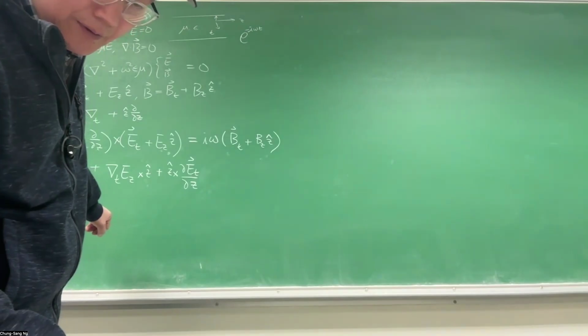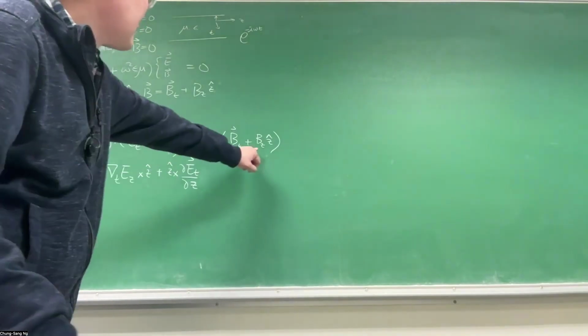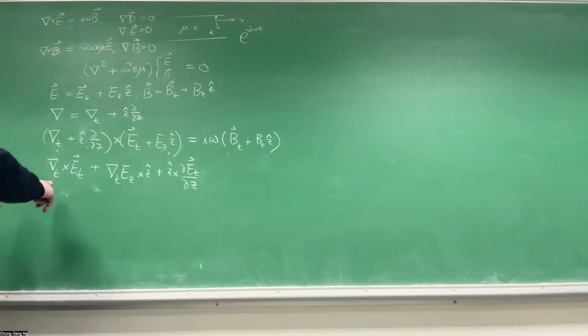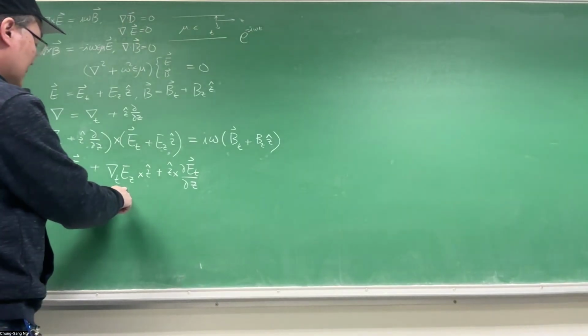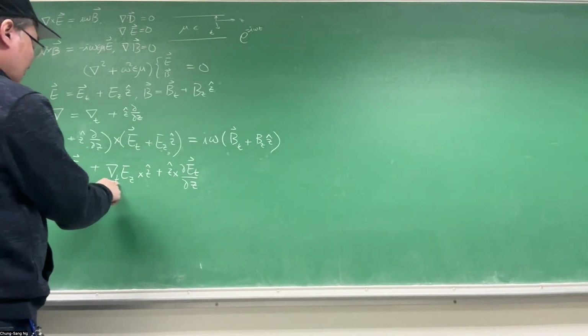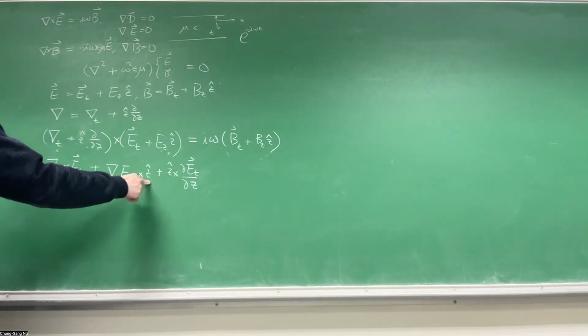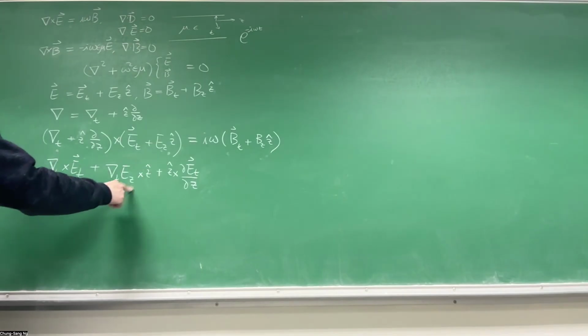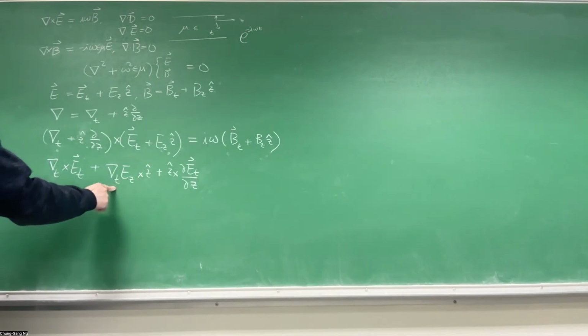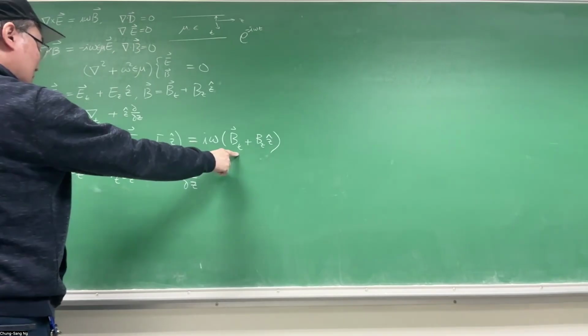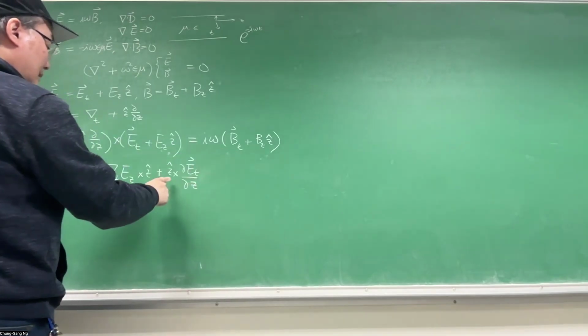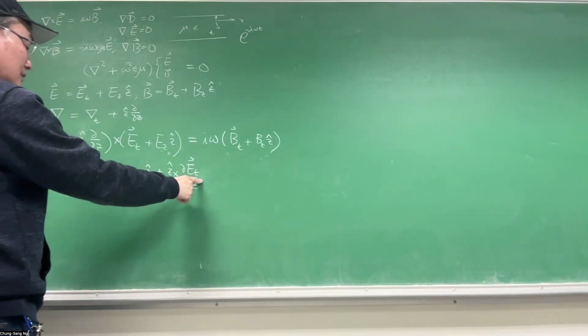Yeah, grad t E_z is only involved in this. But this one is in the z component, and then this one, grad t of a scalar, is in the x and y direction. Crossed with the z direction, it is still in the x and y direction. And so this one belongs to the t direction. And this is z cross in the t.